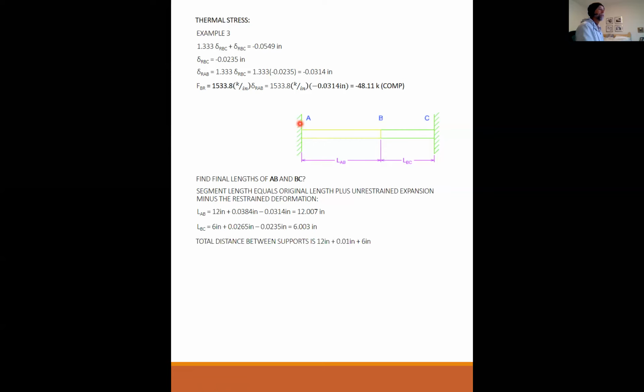The total distance between the supports is the 12 plus the gap plus the 6 equals 18.01 inches. And the total length of the two rods in their heated condition is 12.007 plus 6.003, which is 18.01 inches. So they are equal. That's your confirmation that you got the problem right.